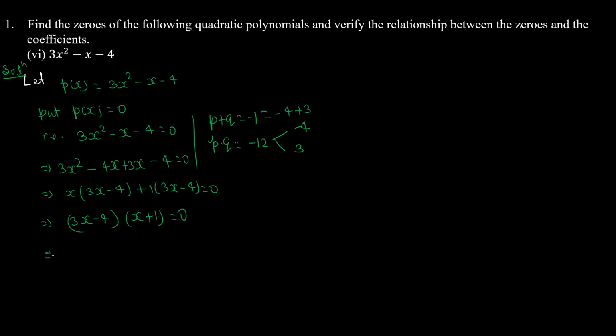So that is what we'll get here, x equal to 4 by 3 or x equal to minus 1. This will take as alpha, this will take as the beta.